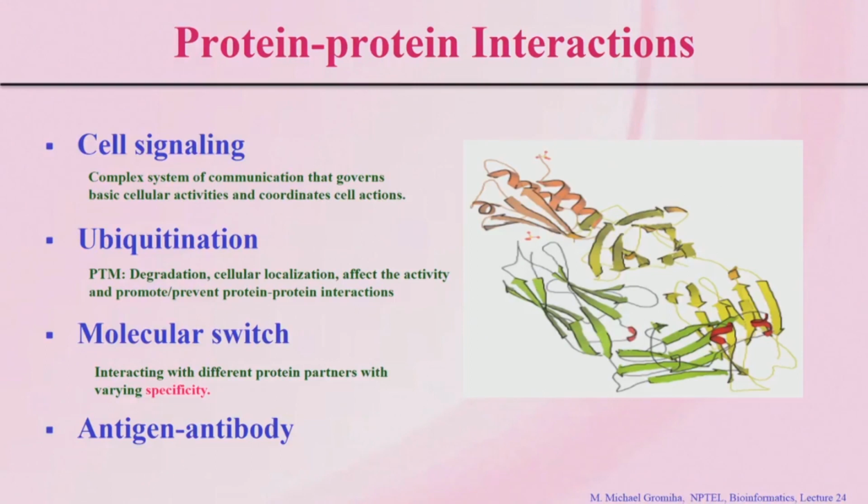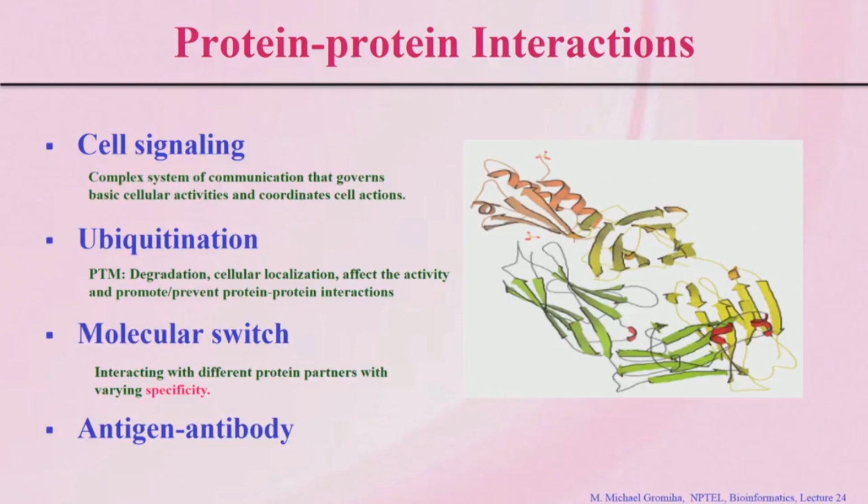Several protein complexes act as molecular switches, interacting with different proteins with varying specificity. For example, the same protein A interacts with B with one specificity as well as with C with a different specificity. In this case, they have a bias as to which molecule they can interact with at high specificity.